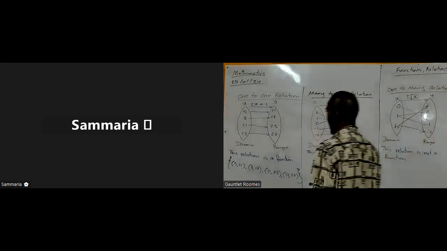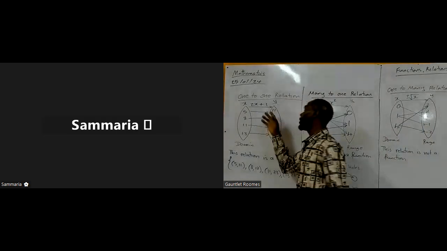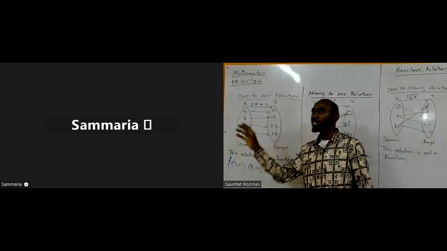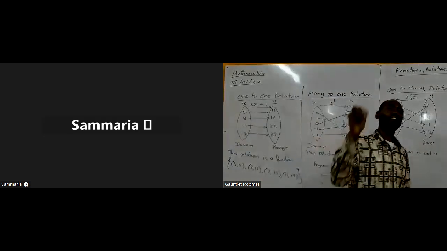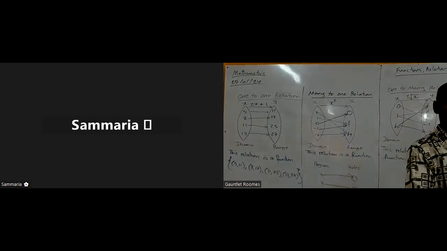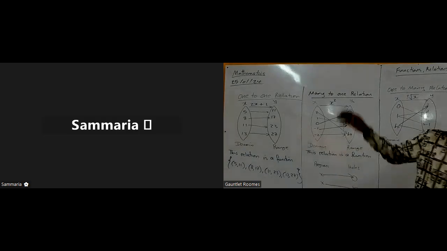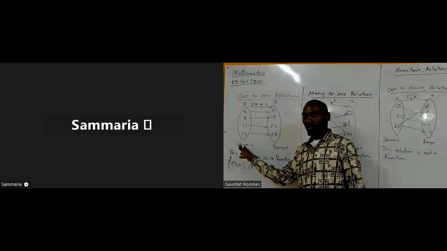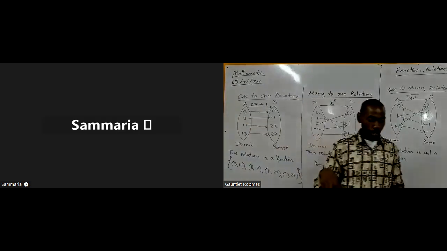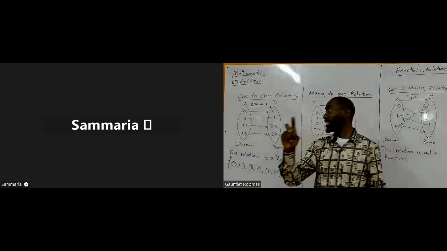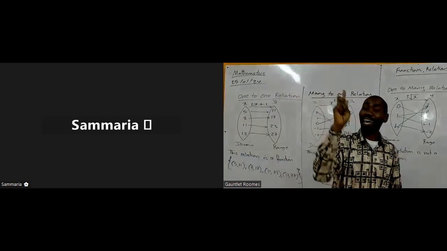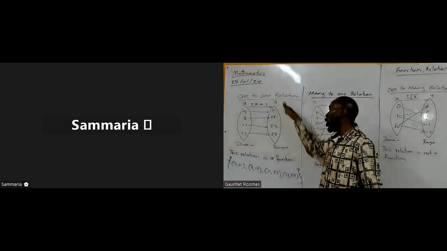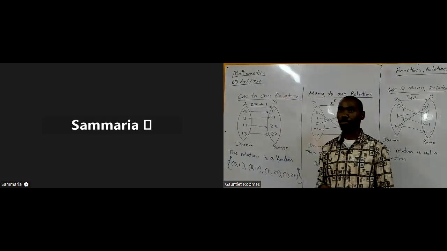And we say that it becomes a function because a function is a relation such that each element in the domain is mapped onto one and only one element in our range.